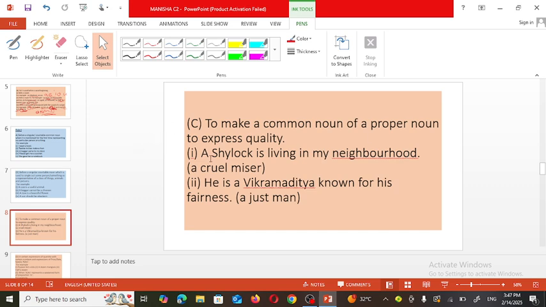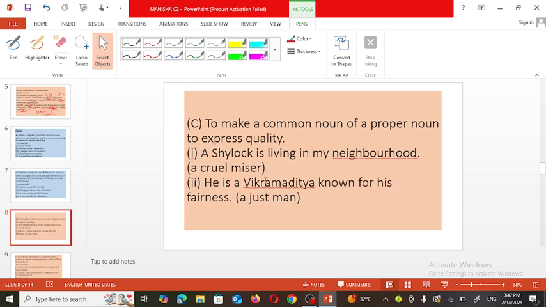Skylark means a person who belongs to that category, a cruel miser. He is living in my neighborhood. So that particular category we want to indicate, and that's why we have used article a before Sherlock. Otherwise, before any person's name, we are not using this article.